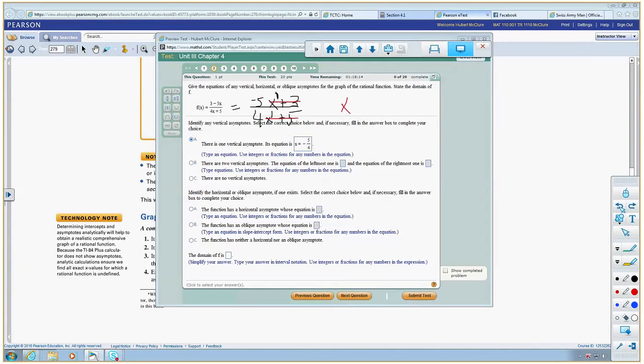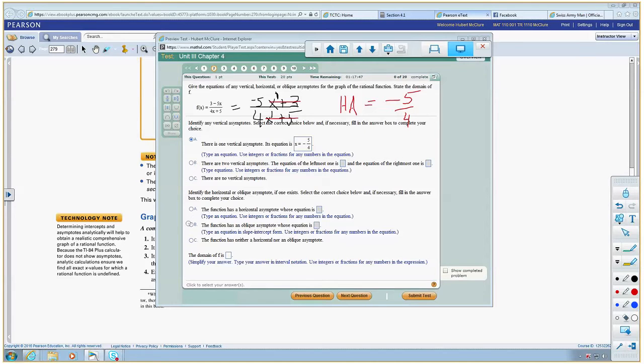It's a coincidence it came out the same. Horizontal asymptote is equal to negative 5/4. Okay? And that's how you do vertical and horizontal asymptotes.